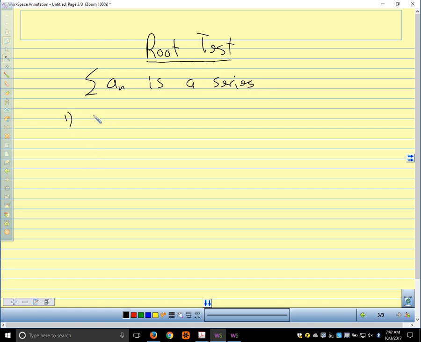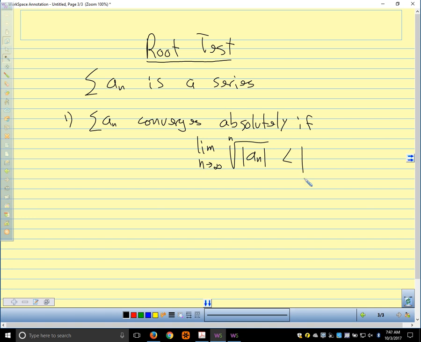We have 3 conditions again. Our series converges absolutely if the limit as n approaches infinity of the nth root of the absolute value of a sub n is less than 1.